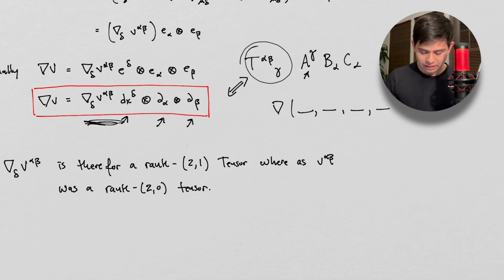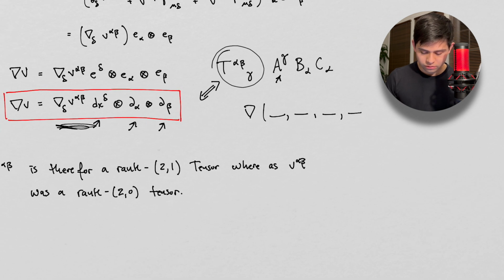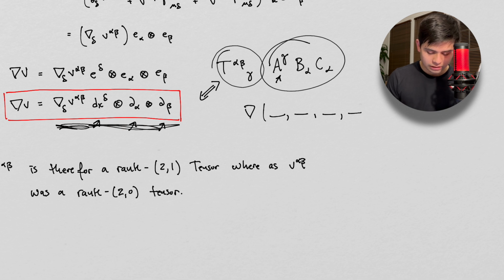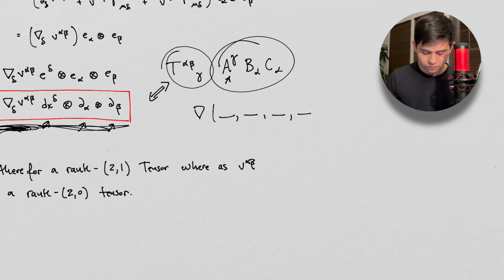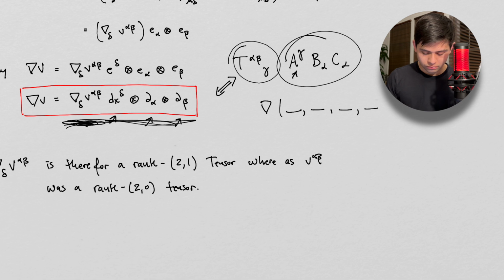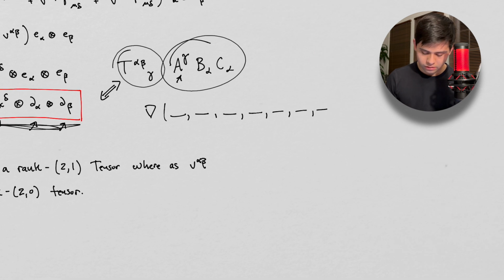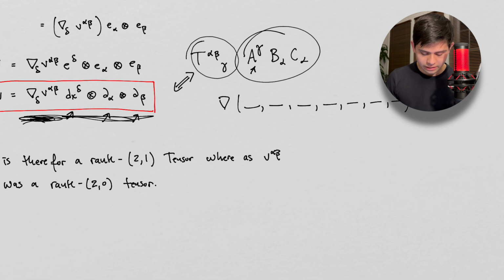So this thing is actually taking in a lot of stuff. It needs to take in these things, and it needs to take in the coefficients, or the tensors also. So what we're going to get is 1, 2, 3, 1, 2, 3.